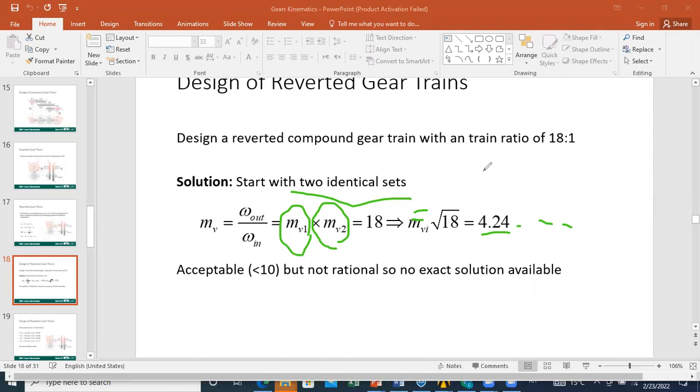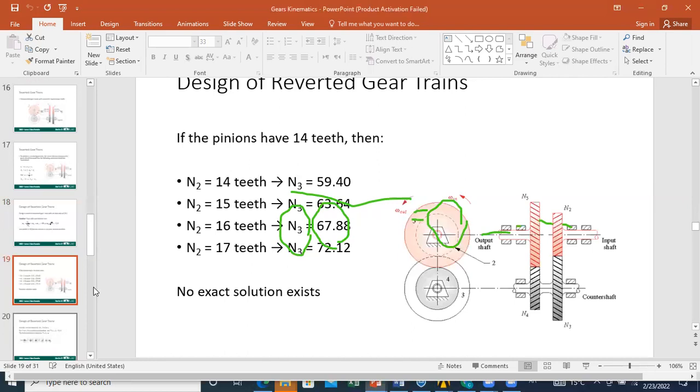If you have a fraction, you do some trials, but if you have the radical of a number that cannot be transformed to a fraction, then of course you cannot find integer numbers of teeth that satisfy this condition. You can do some trials and you will see that you will not get an integer. As we said last time, in general they give you the pressure angle.